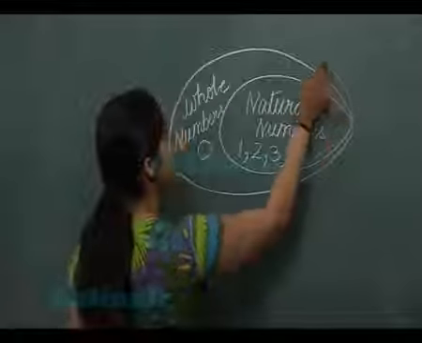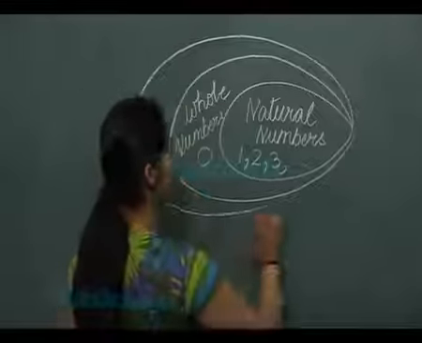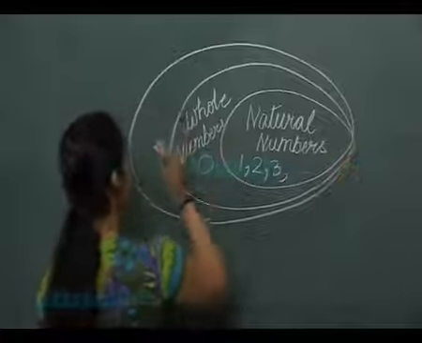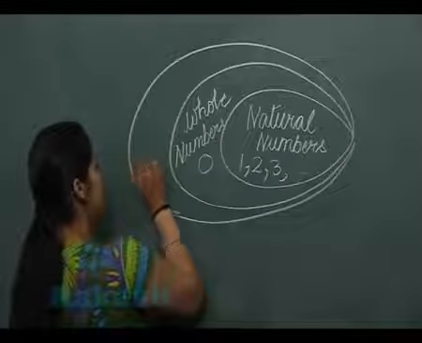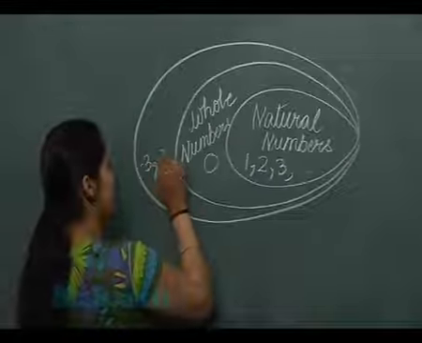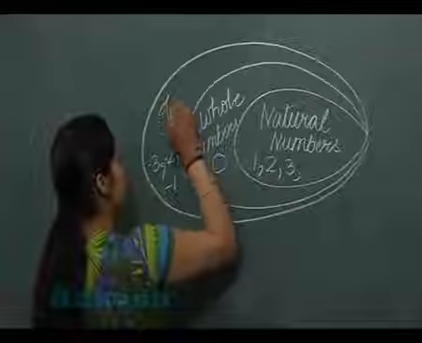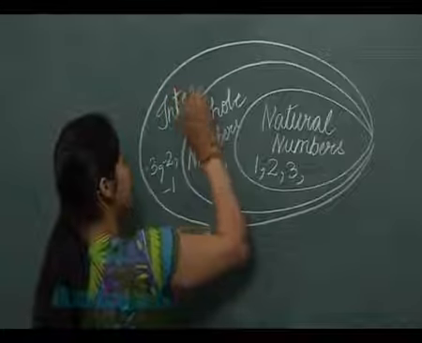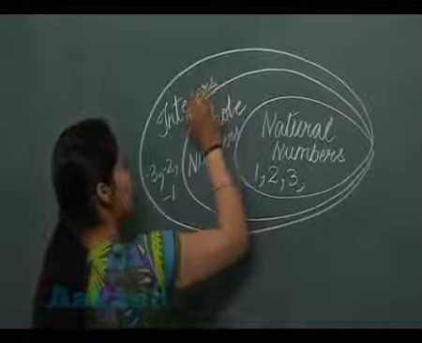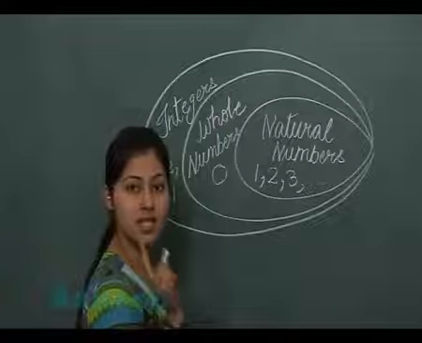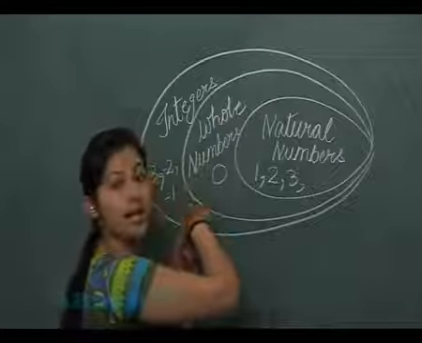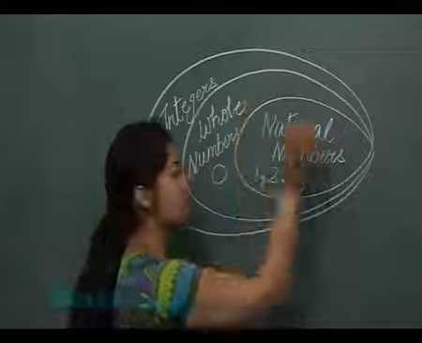Now, if I add negative numbers to it, like minus 3, minus 2, minus 1, I get integers. Is this thing clear to you? This is my third part of the real number system.